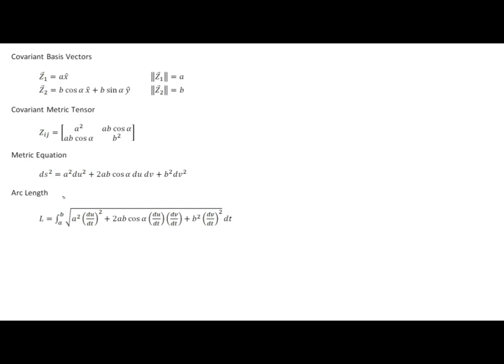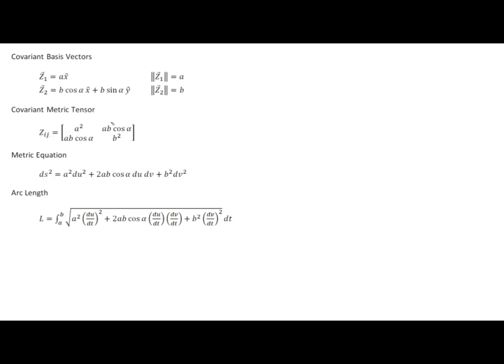A couple of things to point out here. Number one is that you'll notice everything in the metric tensor is a constant. There are no variables here. And that means that the metric tensor entries are going to be the same everywhere in the space. That is a unique feature for affine coordinates. It will not generally be the case for curvilinear coordinates.